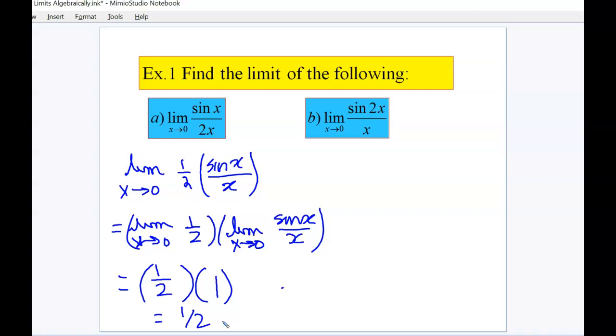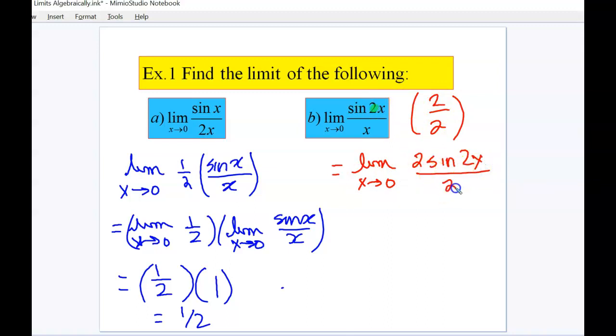In our next example, notice we have the limit as x approaches 0 of sine 2x over x. This question is a little bit different because the 2 is inside my trig function, so I have to somehow get a 2 in front of the x on the bottom. I'm going to multiply the top and bottom of this expression by 2. So this is the limit as x approaches 0 of 2 times sine 2x over 2x.